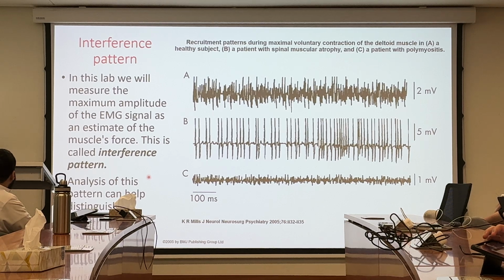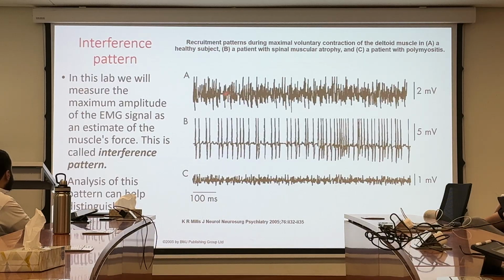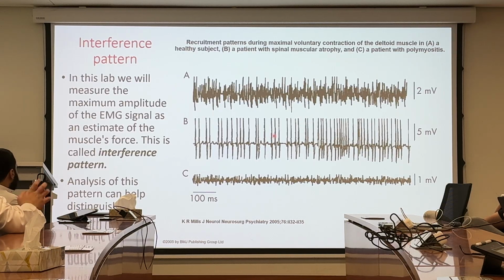Now when you do this, it tells you something. And let me explain to you very quickly in 1 minute. The top one is telling you normal interference pattern. In other words, what you are measuring is this green thing. Okay? Now if you look, it has a voltage on the Y and it has a time scale on the X. In a person who has a problem with a motor neuron, it will look like the B. In a person who has a problem with the muscle, notice the frequency has not changed, but what has happened to the amplitude?